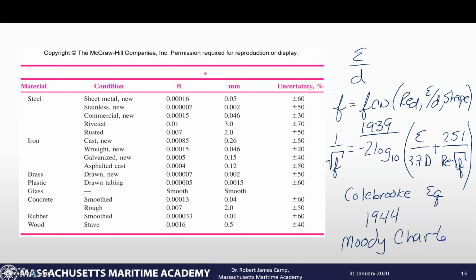That way you can use the Moody chart. It's not as exact as using the Colebrook equation, because we're going to read off a chart, but it made things a lot quicker to calculate, especially in 1944, when you're still using manual computers and slide rules. The Colebrook equation still took a little bit of time, whereas with the Moody chart you can do it really quickly.